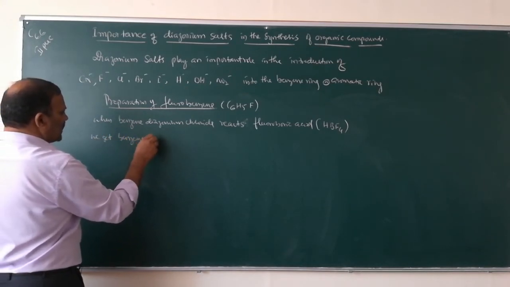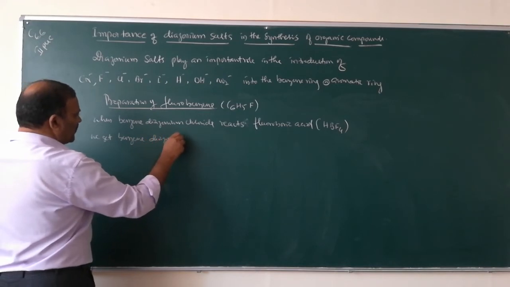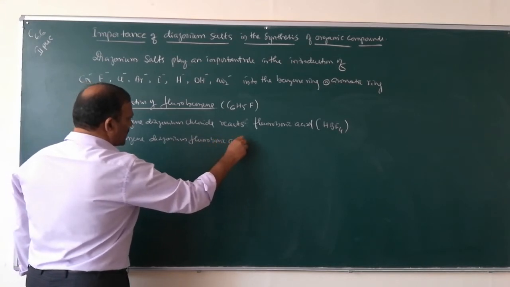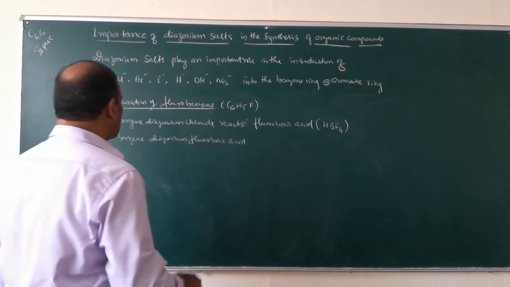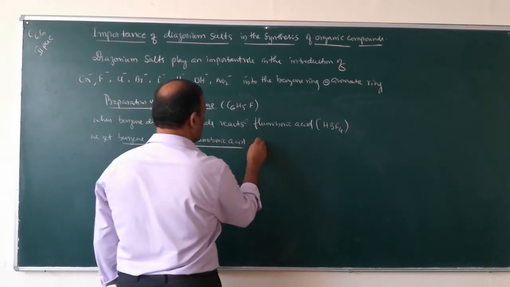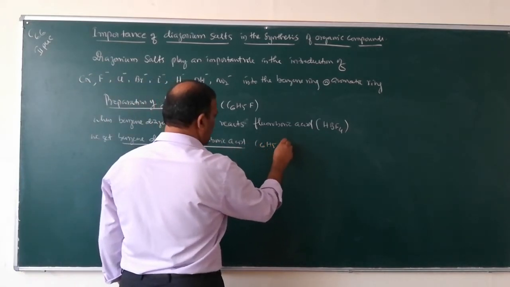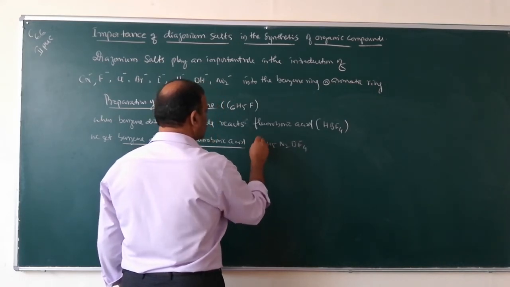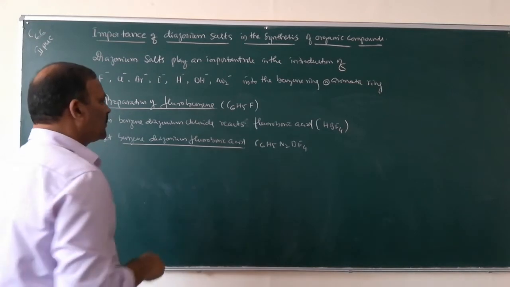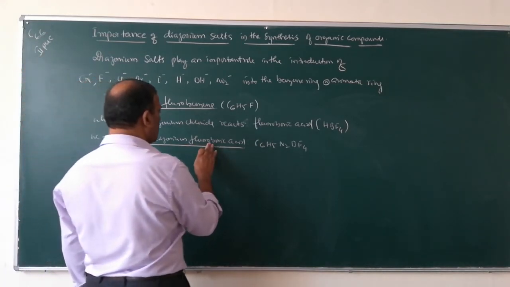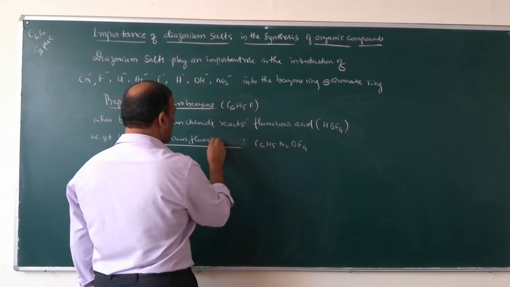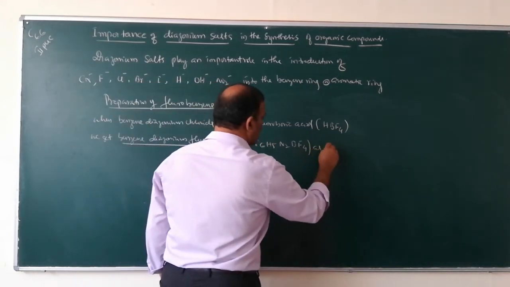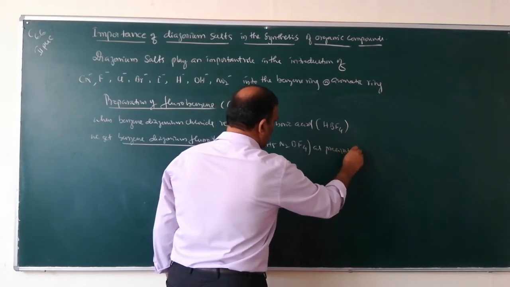benzene diazonium fluoroboric acid, that is C6H5N2BF4, benzene diazonium fluoroborate as precipitate.